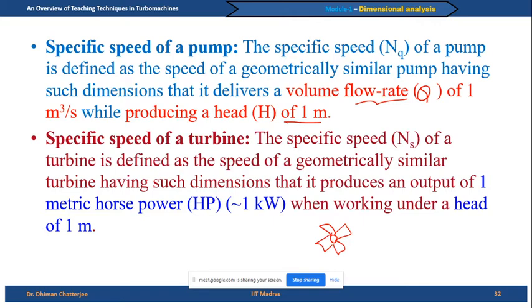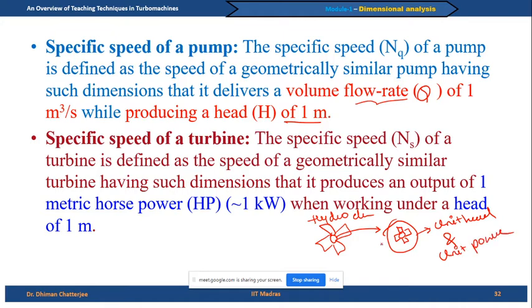We will reduce this hydroelectric power station turbine to a geometrically similar, smaller turbine, and subject it to work under unit head and produce unit power.